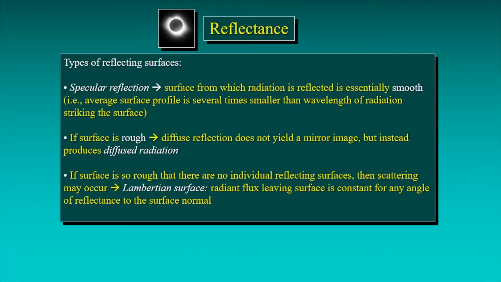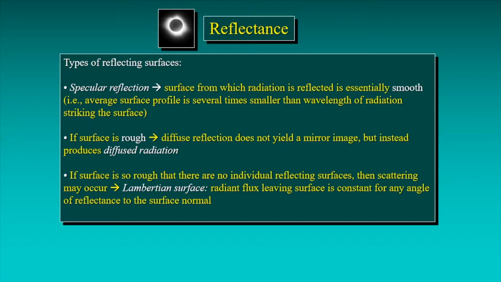Another situation is if we have a somewhat rough surface, we can have what is referred to as diffuse reflection. It doesn't give us a mirror image, but it basically generates diffused radiation. So things like white paper or white powders, other types of material basically are going to be reflecting light in this type of diffuse manner.